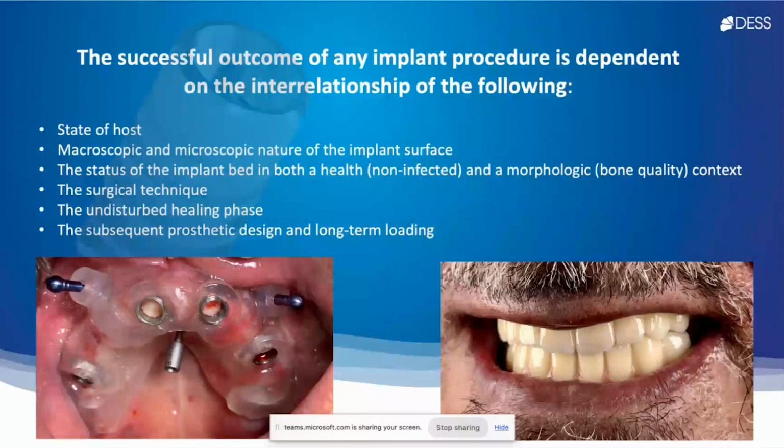That's why nowadays we are going to use digital dentistry. So I'm advising, if I'm going to do any full arch cases, you have to think a lot about digital dentistry.